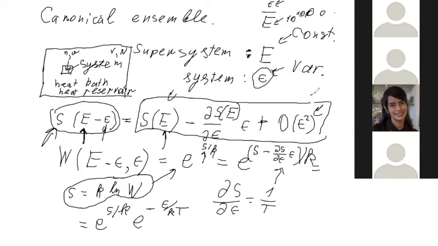Well, then probably you better use the microcanonical ensemble. This concept of canonical ensemble is useful when you consider a system connected to a heat reservoir.